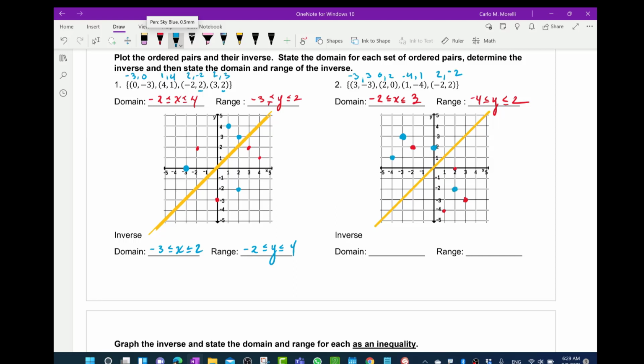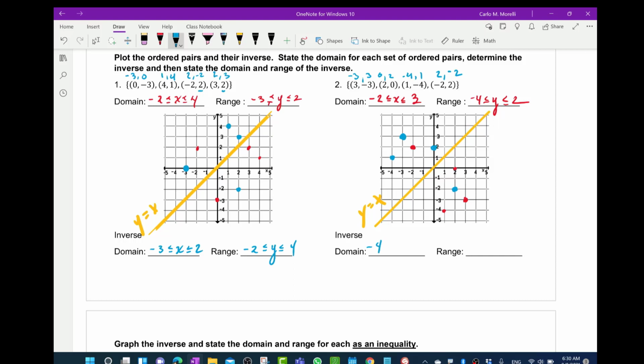Okay, so it's saying that that's a reflection across y equals x. And remember, this is y equals x. And so the domain of the inverse is the range of the original.